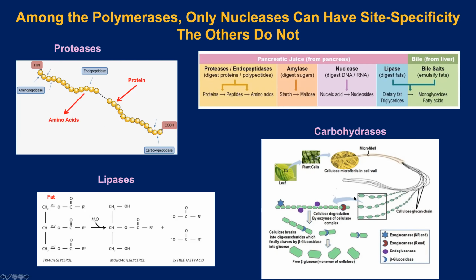Carbohydrases, an example here is cellulose from plants. So what kind of enzymes degrade cellulose? Well, exoglucanases start at the non-reducing end and chew off sugars.